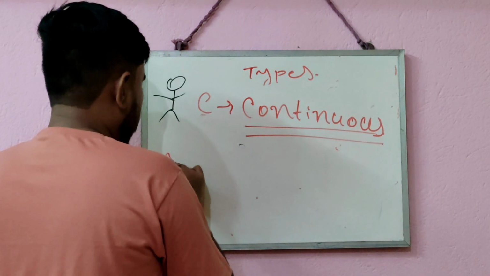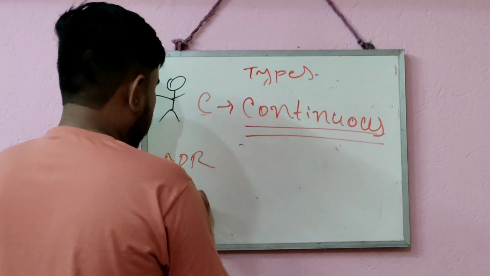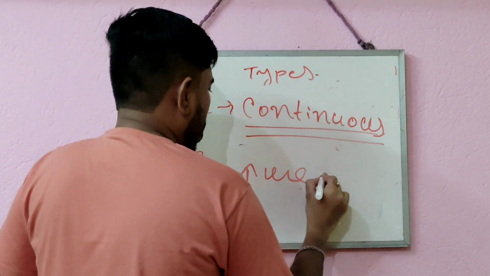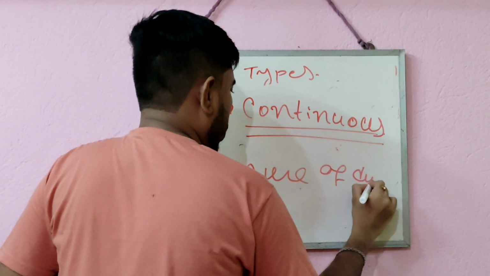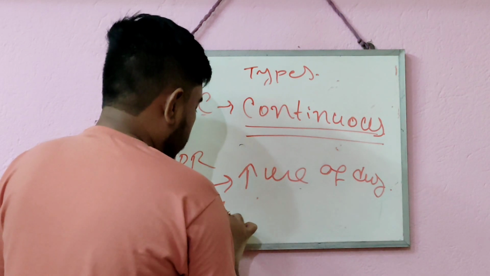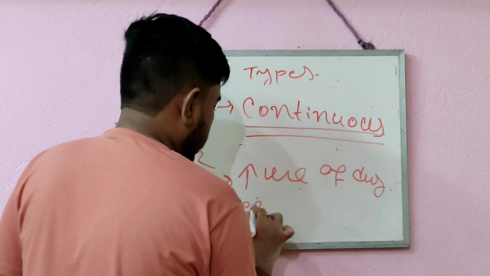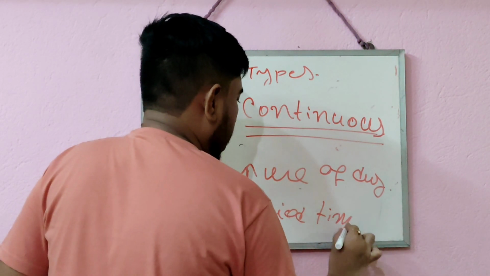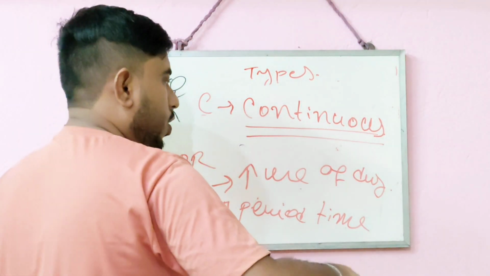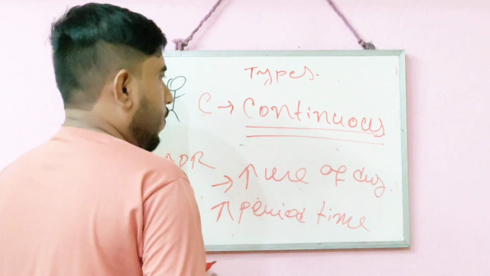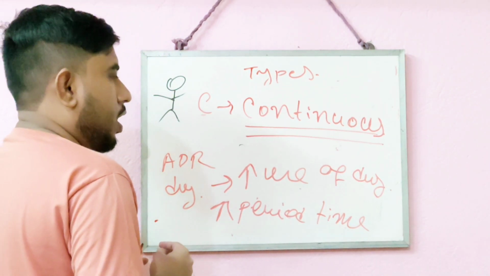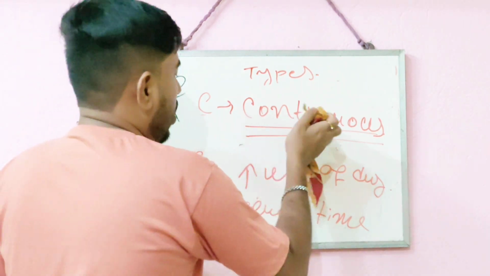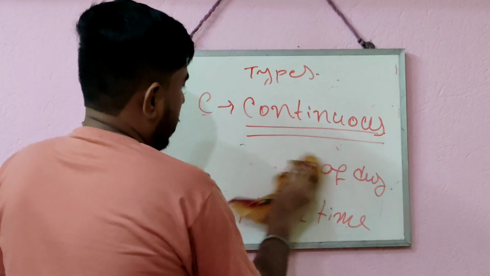These are adverse reactions shown by a drug due to high use or overuse of a drug for a prolonged period of time. So when we take a drug at a high dose for a prolonged time, it can cause undesirable reactions called C or continuous type of adverse drug reaction.